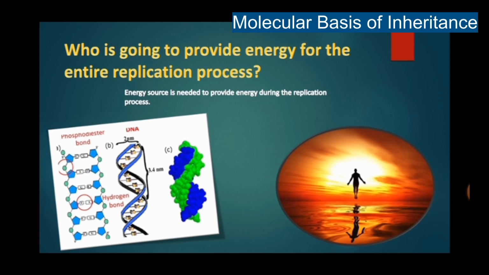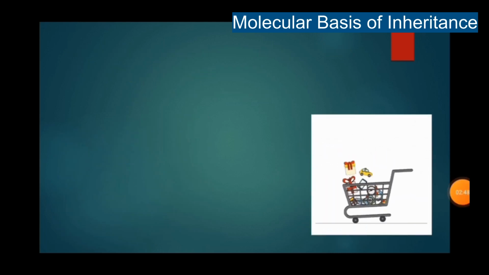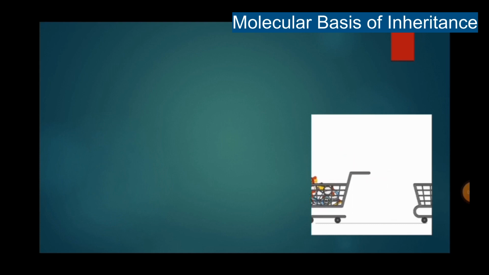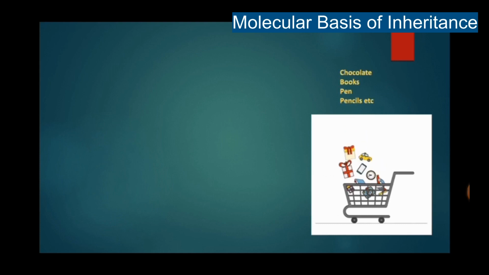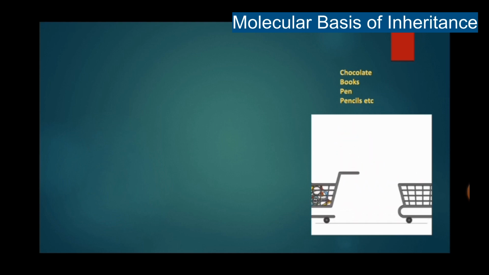Because these enzymes which we talk about, they can only help in the reaction which is taking place, but they are not there to provide any other energy, right? So let us suppose you go to the market, you want to buy stuff, you want to buy a chocolate, a pen, pencil, books, etc. You need to pay for all of them.